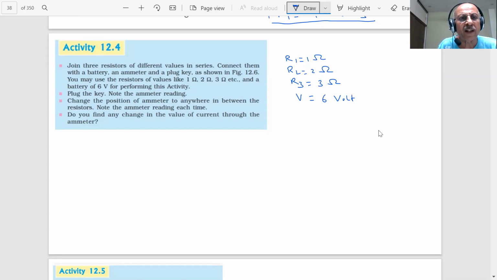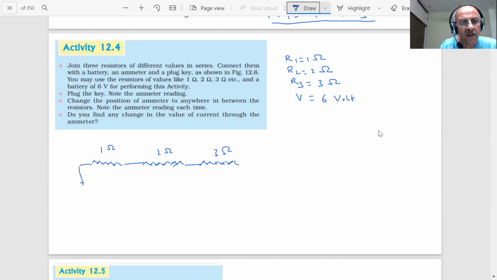Plug the key, note the ammeter reading. What we are doing, student? You have R1, you have R2, you have R3. 1 ohm, 2 ohm, 3 ohm. Can you connect it?